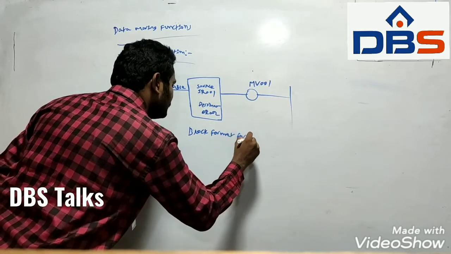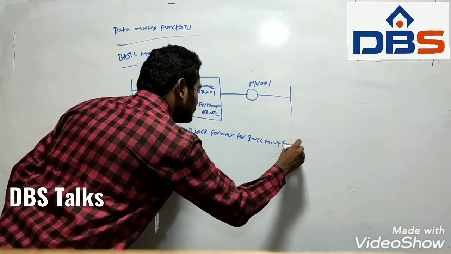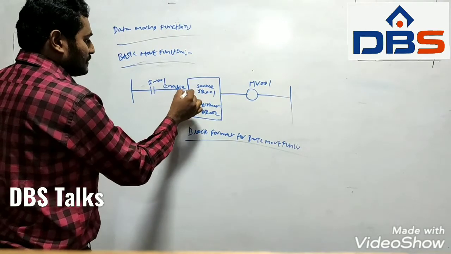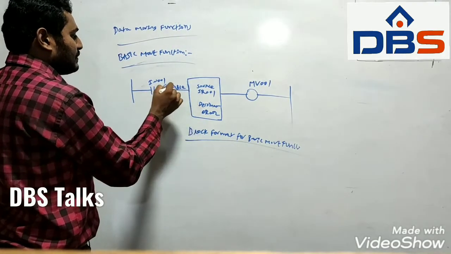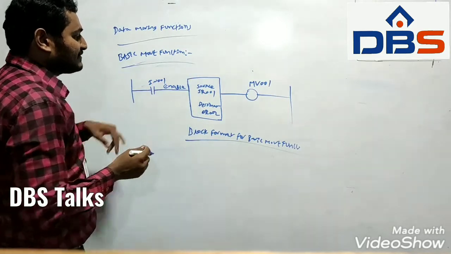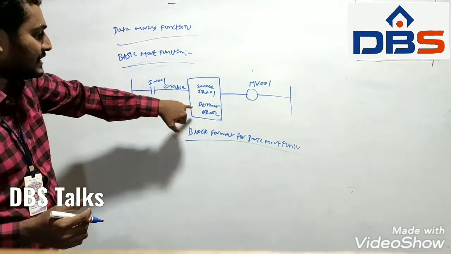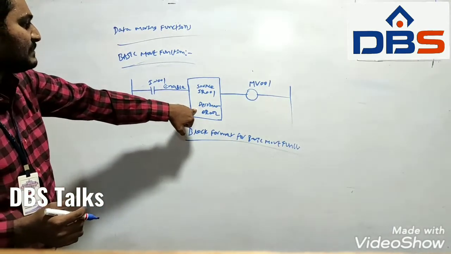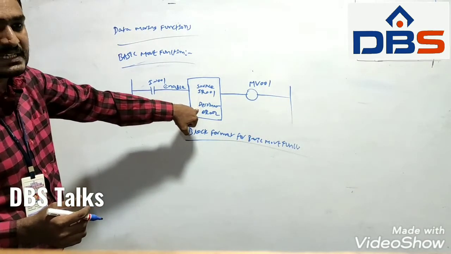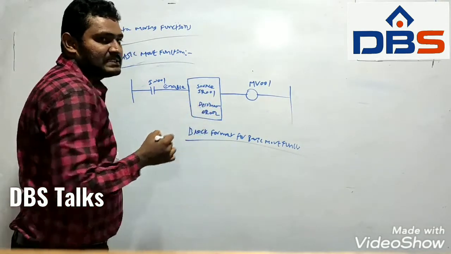Block format for basic move function. Here the functional block is enabled through the enable circuit. That means the functional block is turned on through the enable circuit. In this one, the bit patterns from the source register are duplicated into the destination register. So the source register value does not change. The destination register value changes because the source register value replaces it.